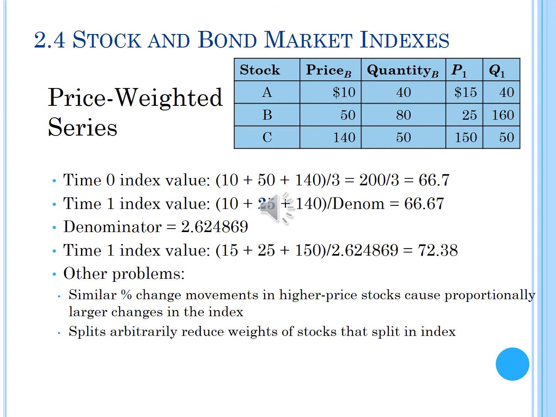And the second issue is that splits arbitrarily reduce weights of the stocks that split in the index. So when a company that is included in the index decides to split its shares, splitting the shares would reduce the weight of that stock in the index, which could be an issue.